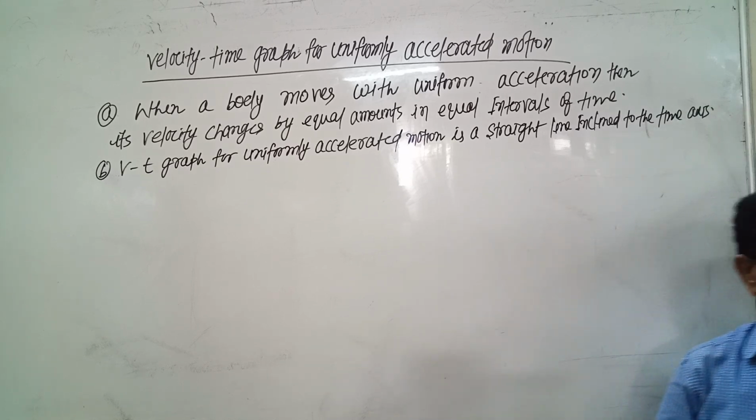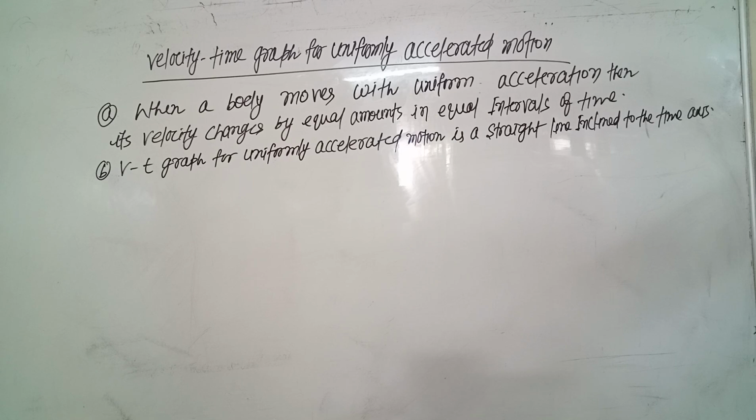So these are two important points. First, when a body moves with uniform acceleration, its velocity changes by equal amounts in equal intervals of time. And the second is that the Vt graph for uniformly accelerated motion is a straight line inclined to the time axis. Time axis means x-axis.